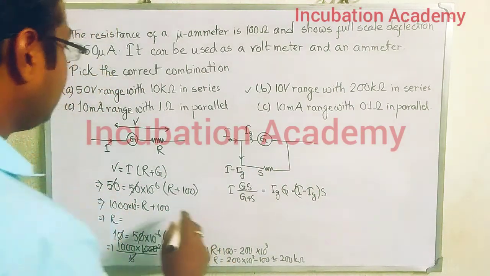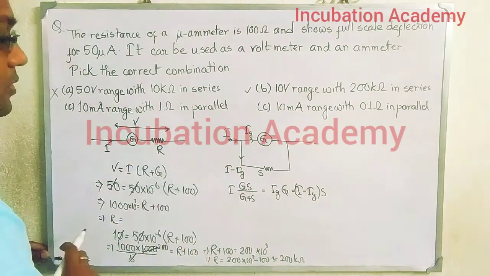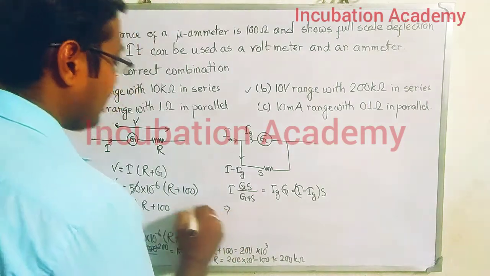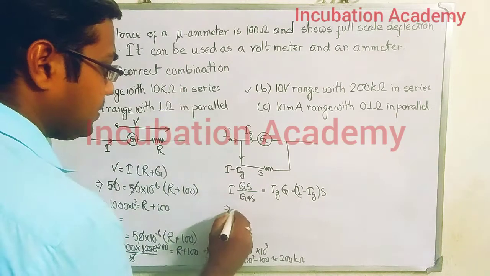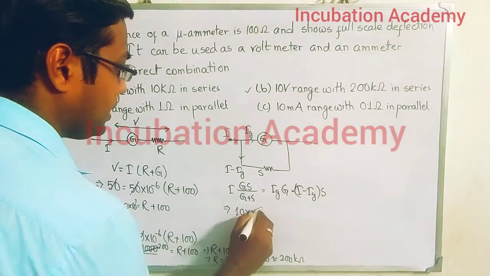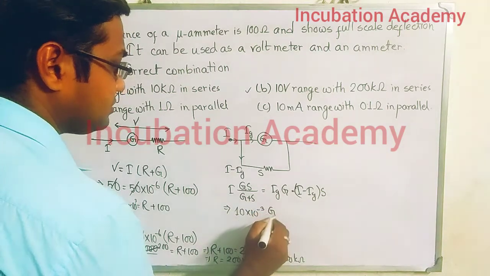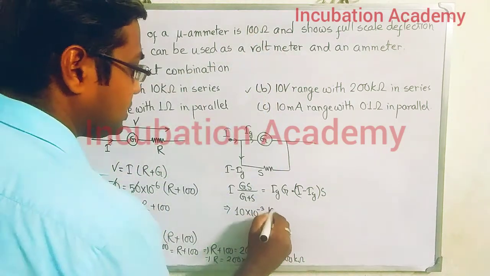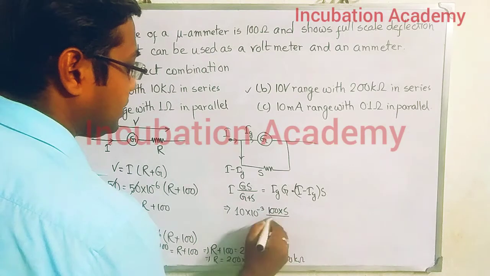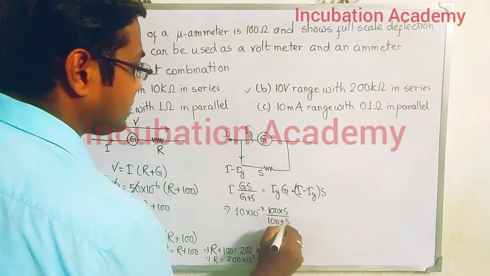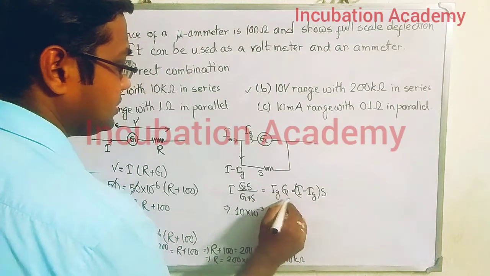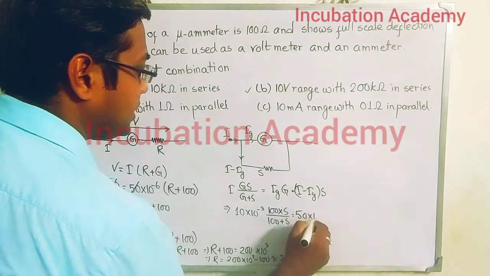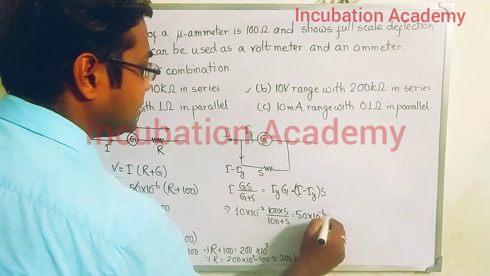If I try to find the value of S, since we know G, I is 10 milliampere, so 10 into 10 to the power minus 3 times GS divided by G plus S, where G is 100 ohm and S is to be found, so 100 S divided by 100 plus S. On the right, Ig is 50 microampere, so 50 into 10 to the power minus 6 into G, that is 100.